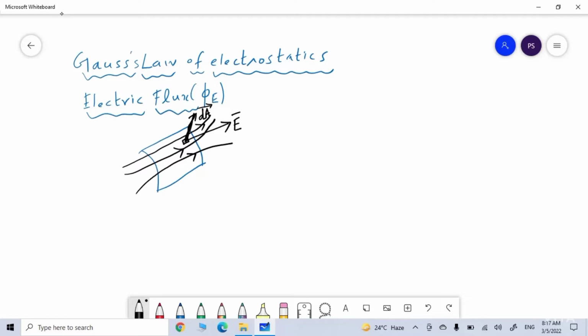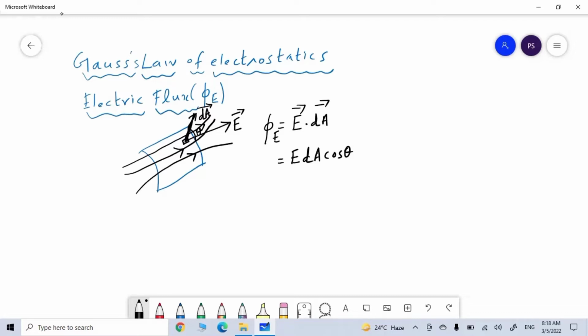This is E. There is always an angle theta between dA and E. Electric flux is defined as phi suffix e equal to the dot product of the electric field and the area element dA, or in other words, the magnitude would be E dA cos theta.